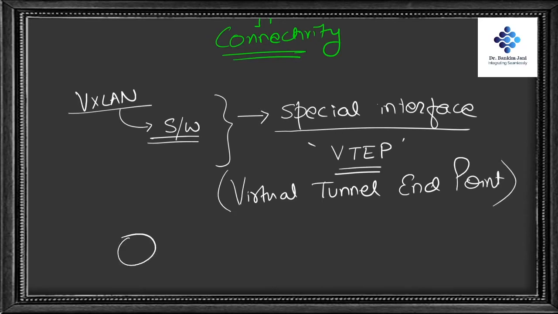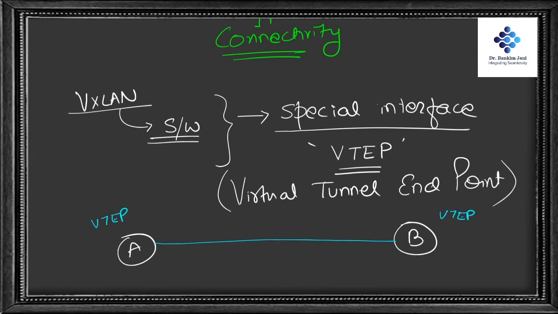So over here we have one device, let's name it A, this is B, and we are creating a tunnel. This is a VTAP, this would be a VTAP.